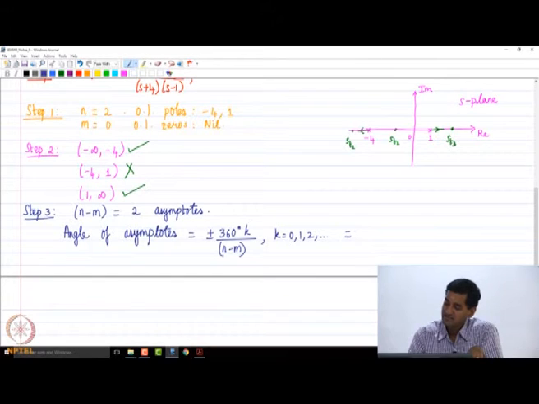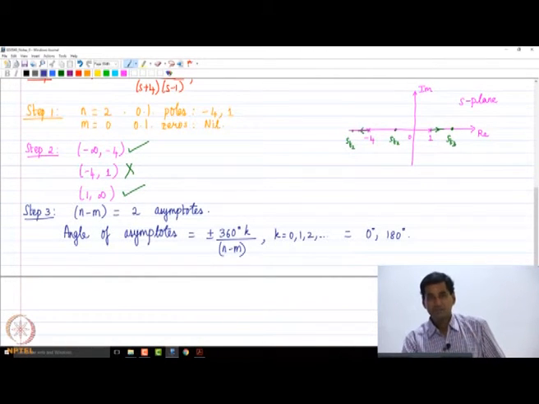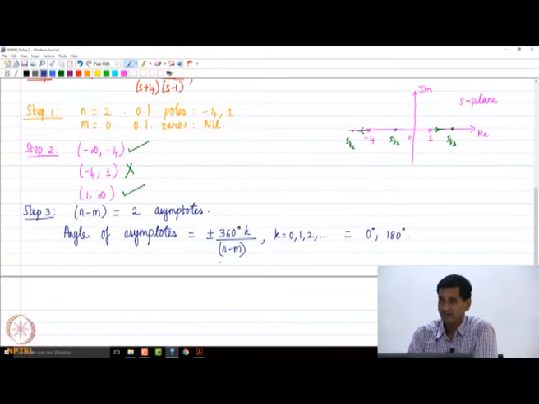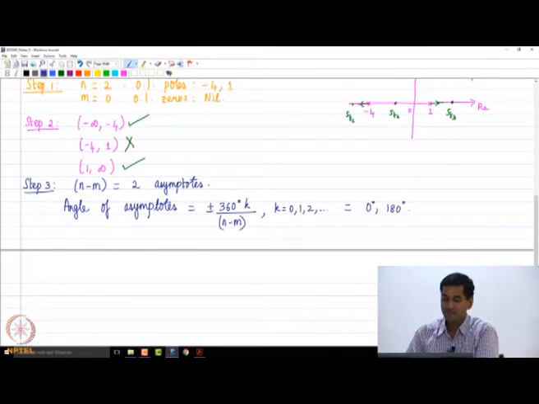Since n minus m is 2, you can write the solution as 0 degrees and 180 degrees. Those are the angles made by the asymptotes with the real axis.